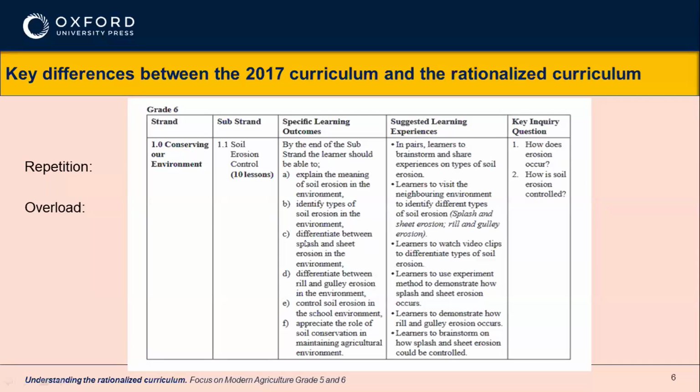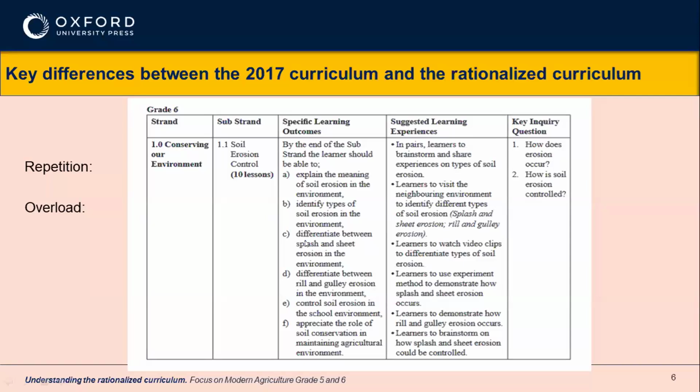If you go to the specific area where we have the specific learning objectives, the strand is conserving our environment, the substrand is soil erosion control, and this work was supposed to be covered in 10 lessons.